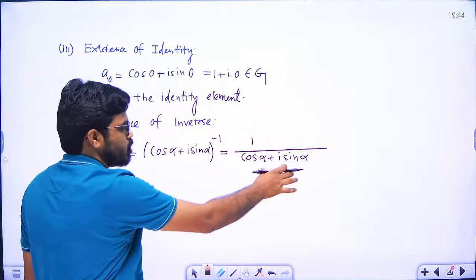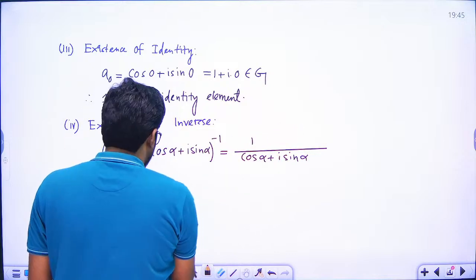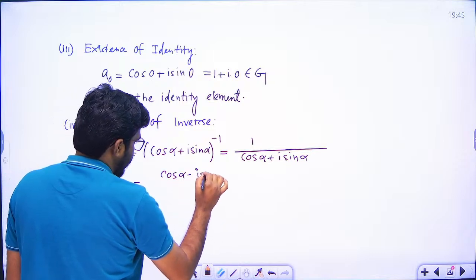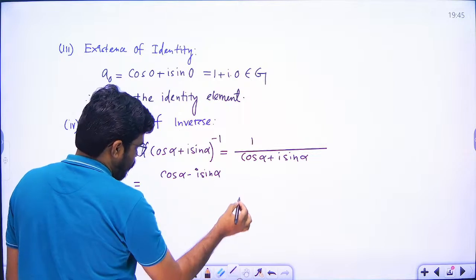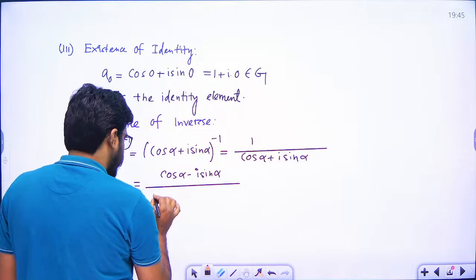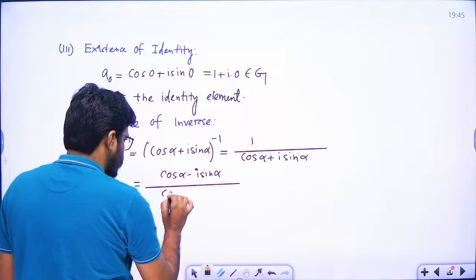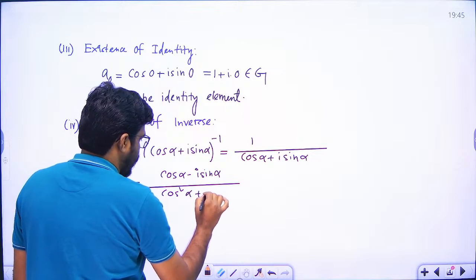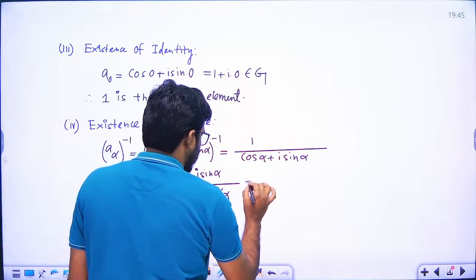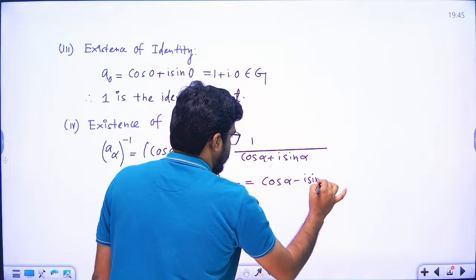So this will be cos alpha minus I sin alpha divided by cos alpha plus I sin alpha into cos alpha minus I sin alpha. That means what we get? Cos square alpha plus sin square alpha, that is 1. So what we get? Cos alpha minus I sin alpha.